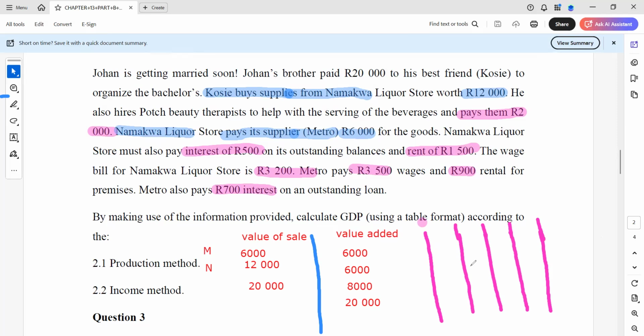Okay, and this one is for the totals. So in our columns, I'm just gonna write the first letters of the first word. So here we're going to have interest.